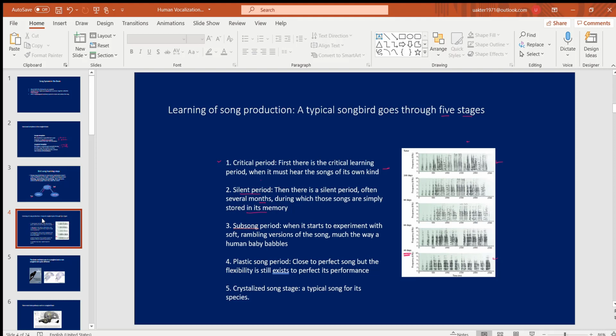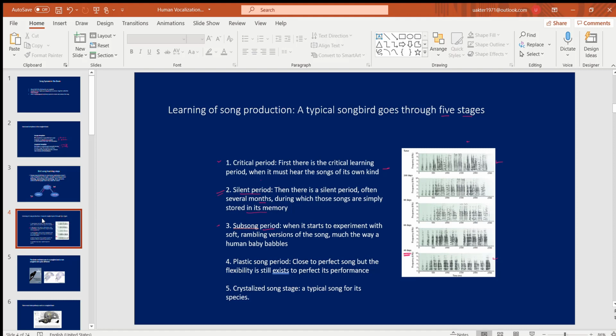So during the silent period, the memory system creates templates of the parents, and then the next stage is the sub-song stage or period.